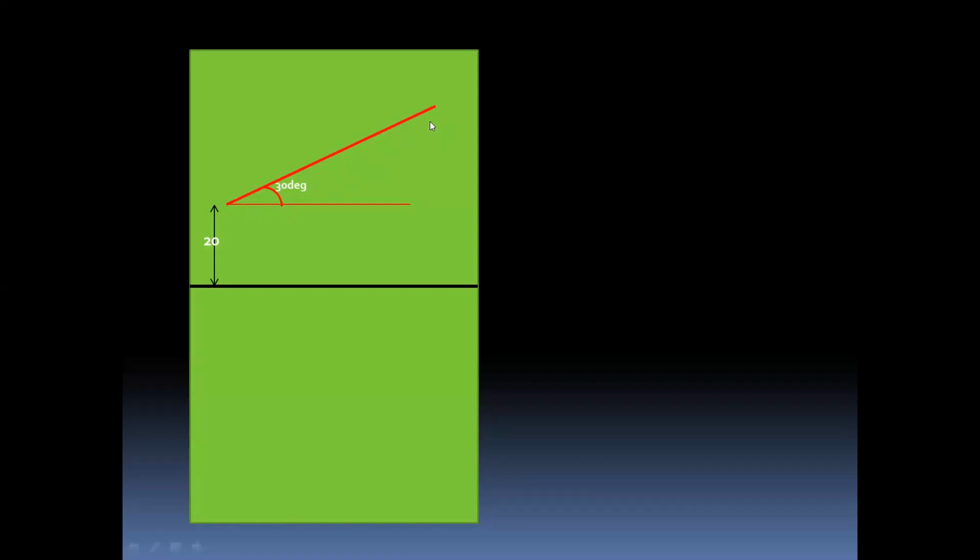Now we have to draw the top view. For the top view, from the end points, draw the projectors. But before that, take the distance 30 mm, because the line is parallel to the vertical plane and it is at a distance of 30 mm with respect to the vertical plane.